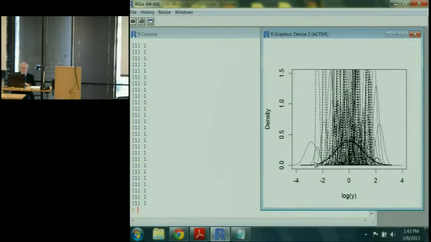I plotted the centering distribution, the standard normal, in solid black line for what's going on the log y scale. So in other words, the logarithm of the y values is standard normal, like we know for the standard log normal distribution. And then every single sample from that distribution corresponds to one of these densities with the dotted lines.